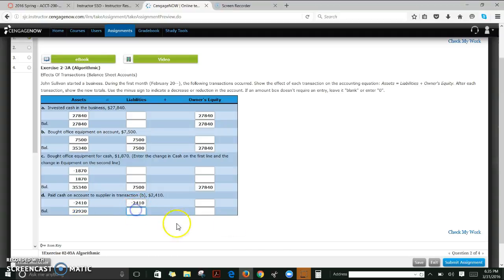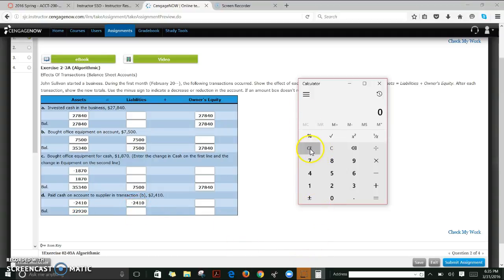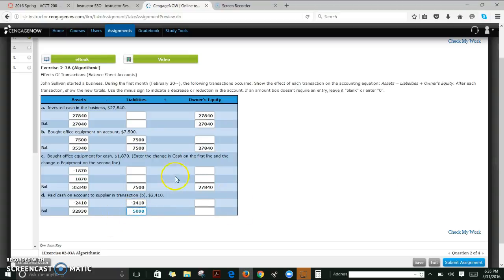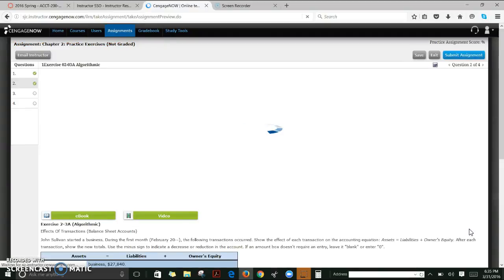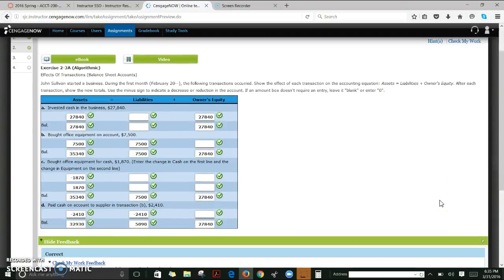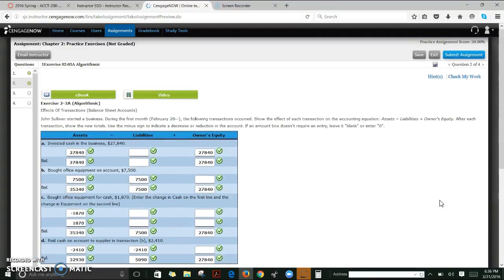And over here, I need to subtract 7,500 minus the 2,410 for a new balance of $5,090. So $5,090 and 27,840 on this side. Check your work. And it's all correct. And then move on to the next one.